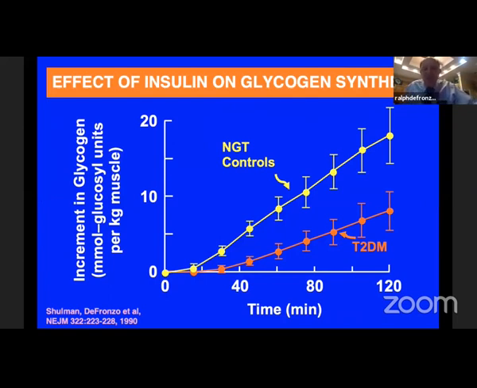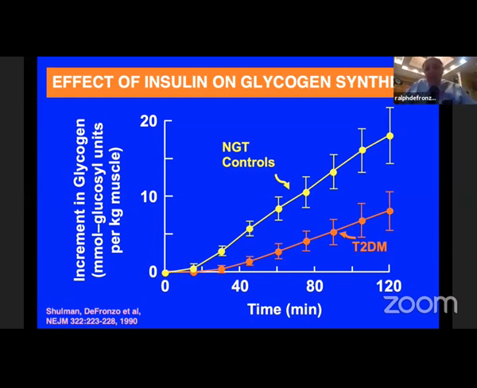So, where is the intracellular defect? This is a study that Dr. Jerry Schulman and I carried out many years ago when we were at Yale using C13 NMR, where we performed a euglycemic insulin clamp and then measured the rate of glycogen synthesis.